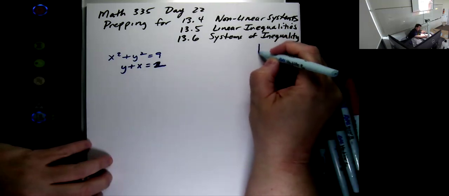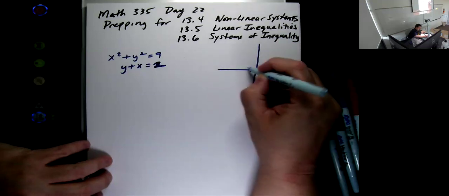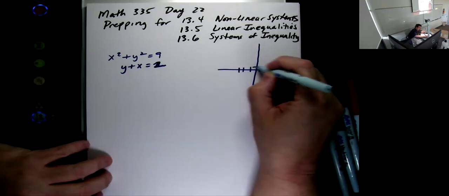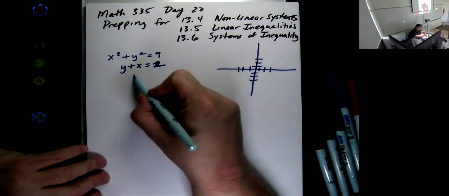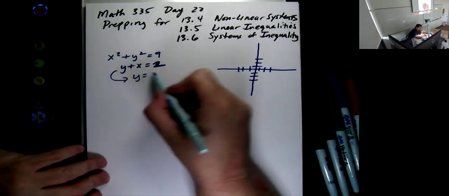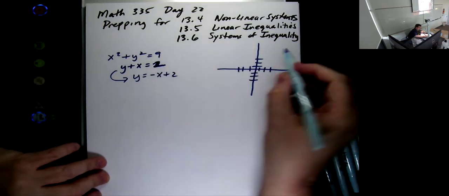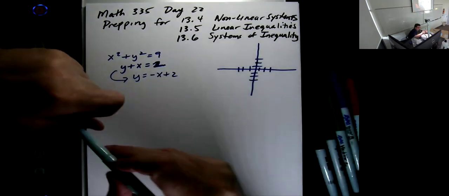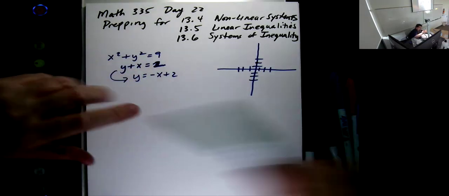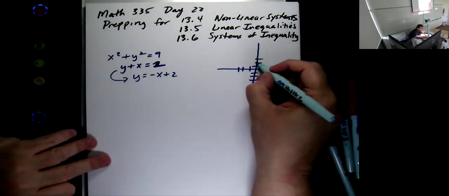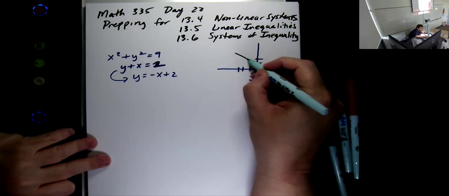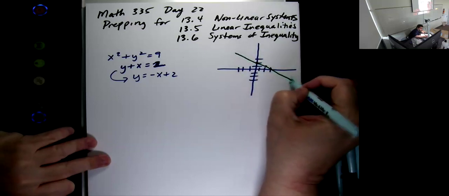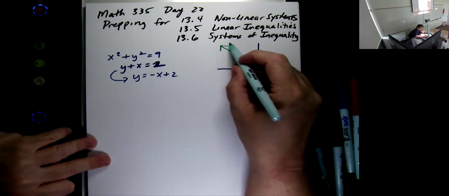So one of these is a circle of radius 3, centered at the origin. And this one, if I solve for y, is negative x plus 2, which starts at (0, 2) and has a slope of negative 1, so it goes downward. So the line is there.